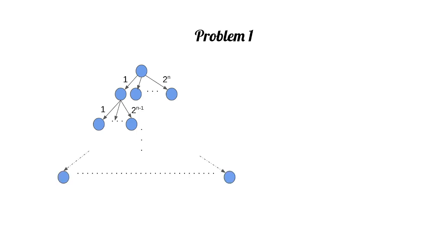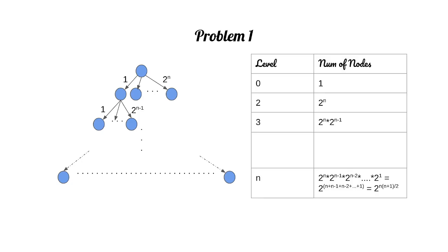And then we are interested in finding out how many leaf nodes are there in this tree. So let's do the calculation. Level 0 has only one node. Level 1, so there is a mistake here, it should be level 1.